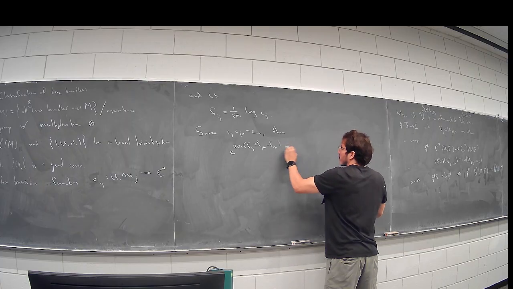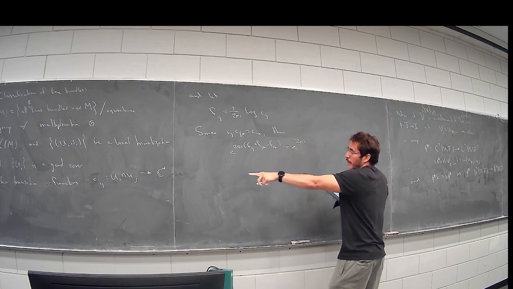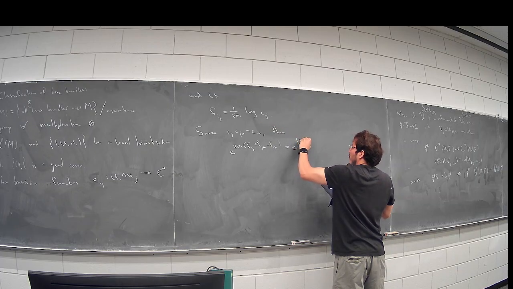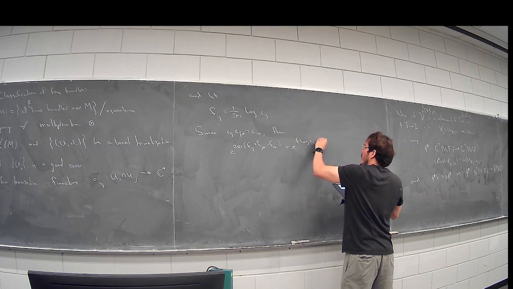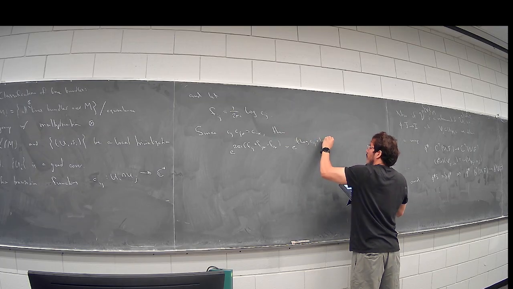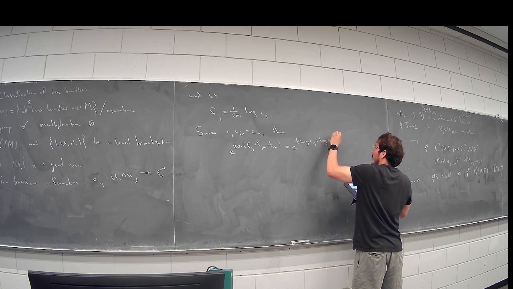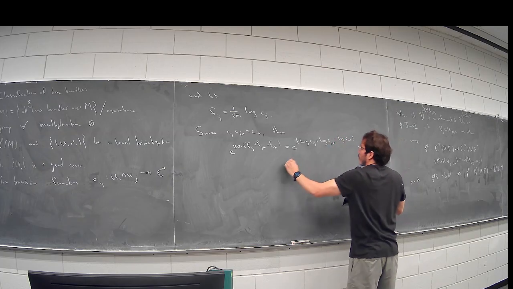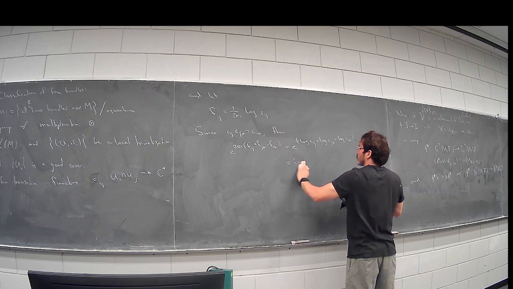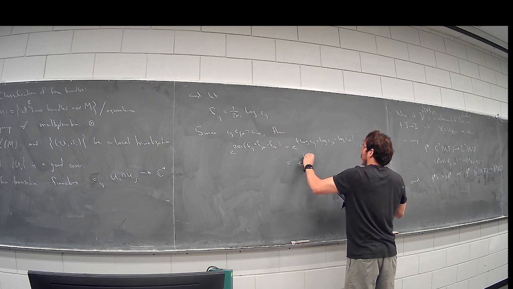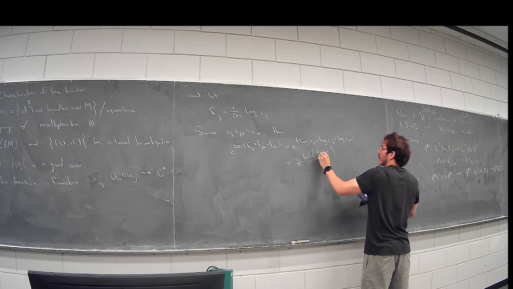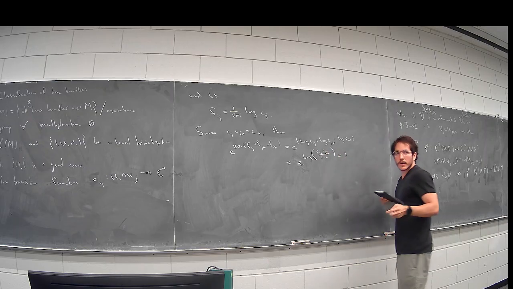What is this? It's going to be e to the 2 pi i, by definition of Fij, so we're going to get rid of the 2 pi i. We're going to have log of Cij plus log of Cjk minus log of Cik. I can put this in a single thing, Cij Cjk over Cik, but this is Cik, so what I get is 1.